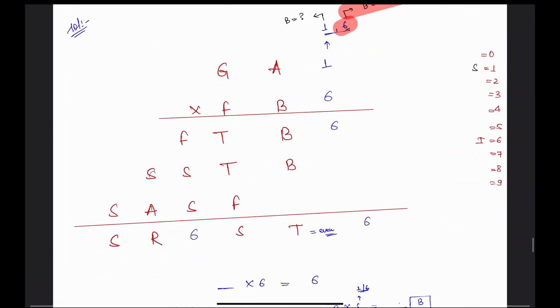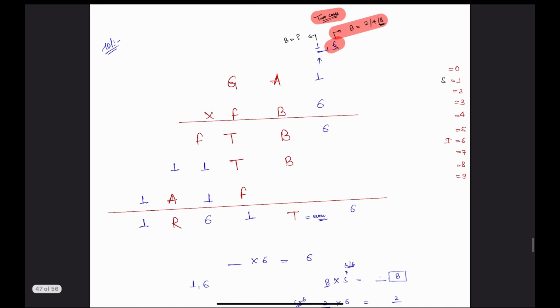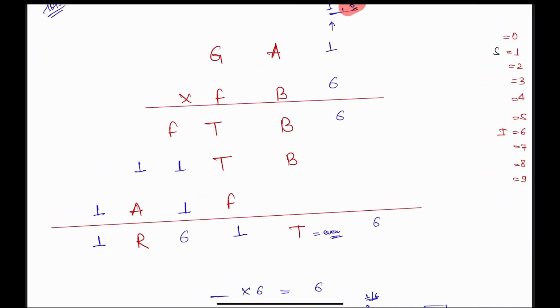So wherever S is here, let's replace it with 1. 1, 1, here also 1, 1, here 1, 1, 1. Okay, then. So if our S already got covered, I think we will not have that much of an issue.